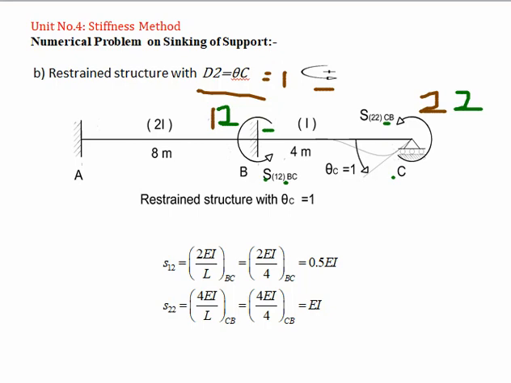Half will carry over to the far end. Let's calculate the moment. S22 is first 4EI by L, so it is equal to 4EI by 4 for span CB, which becomes EI, and for the far end 2EI by L is equal to 2EI by 4, which is 0.5EI. So we have the second column of the matrix.